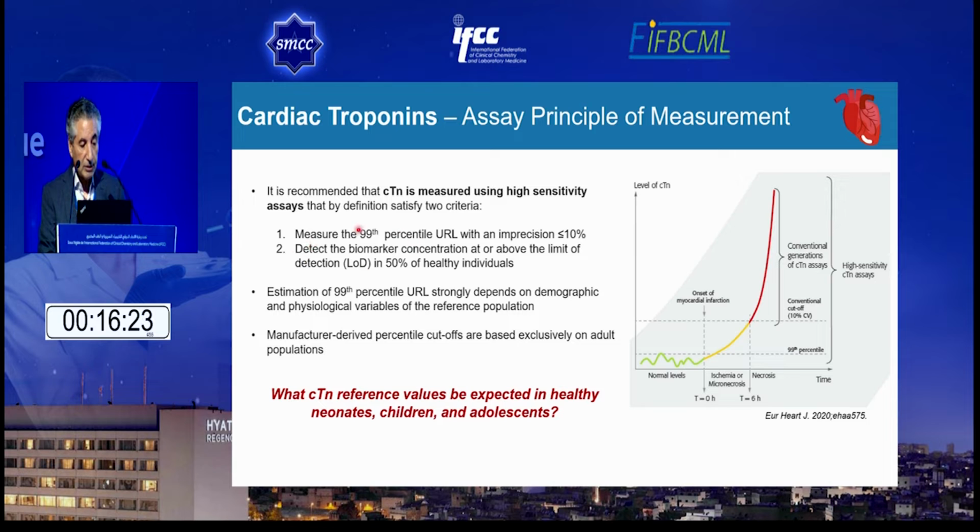One is that it can measure the 99th percentile upper limit of normal with a very low imprecision of less than 10%, and detect the biomarker concentration at or above the limit of detection in 50% of healthy individuals. As I mentioned, these assays can pick up levels in healthy individuals quite well.